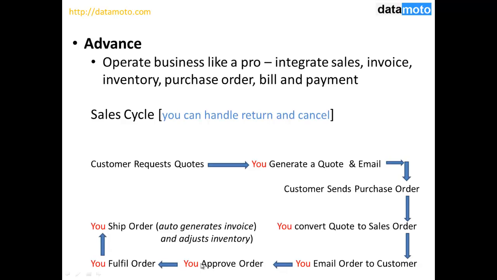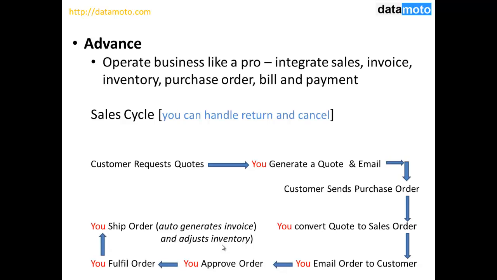Then that sales order, you approve the order. Once order is approved, that order goes to fulfillment process, and in the fulfillment after that, it ships. You ship the order. When you ship the order, invoices are automatically generated, as well as the inventory is automatically adjusted.